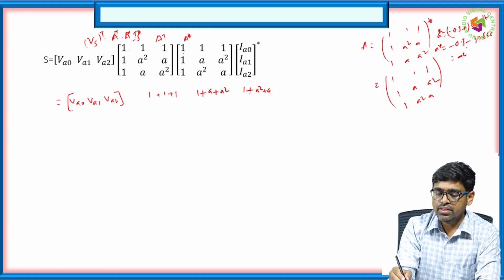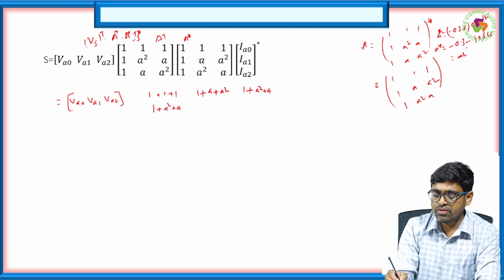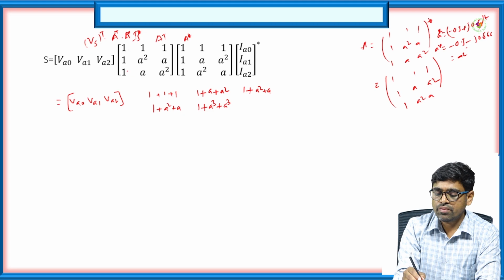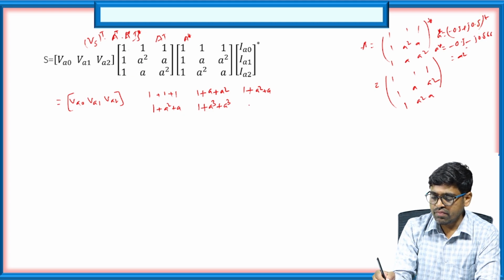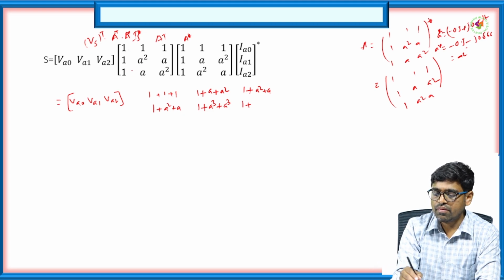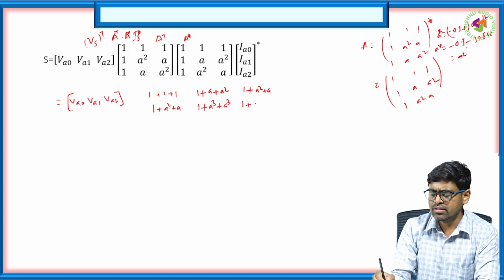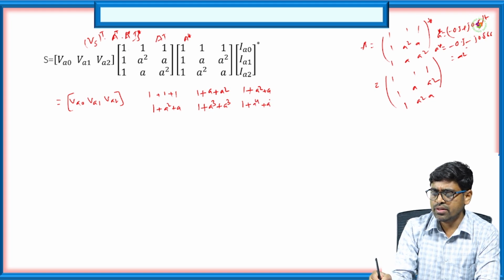And for the next row, it is 1 into 1, 1 plus 1 A into A square plus A. Here it is 1 into 1, 1 plus A square into A cube plus A into A square, again A cube. And 1 into 1, 1 plus 1 into A square into A square, A power 4, plus A cube.